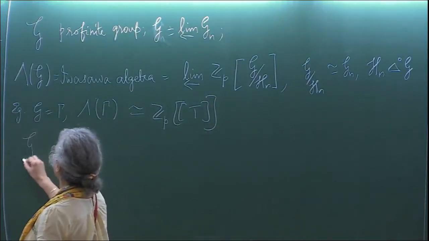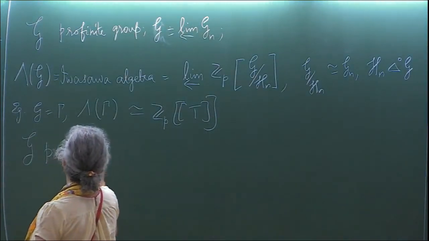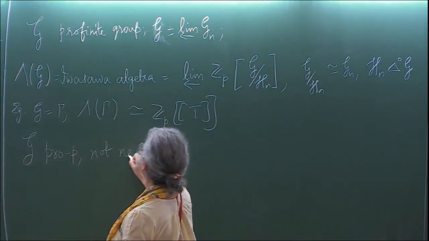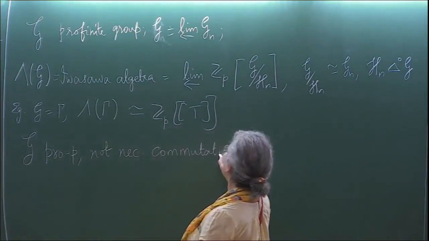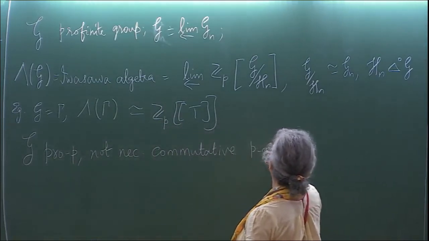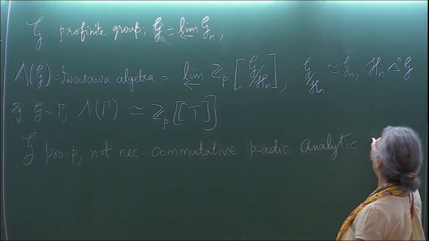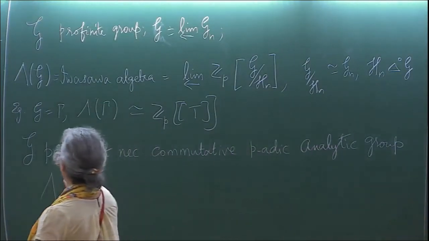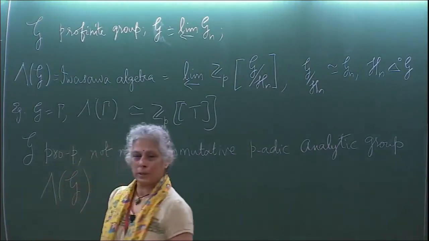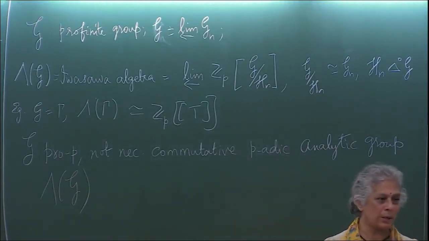So for G non-commutative, G arbitrary, let's say pro-p, not necessarily commutative, and in all these cases, G is going to be a p-adic analytic group. In this case, Lambda(G) is the closest you can get to a non-commutative analog of regular local rings. They are what are called Auslander regular rings.